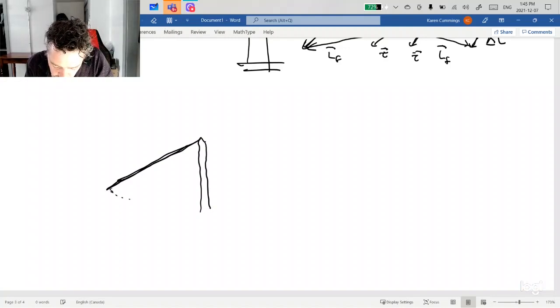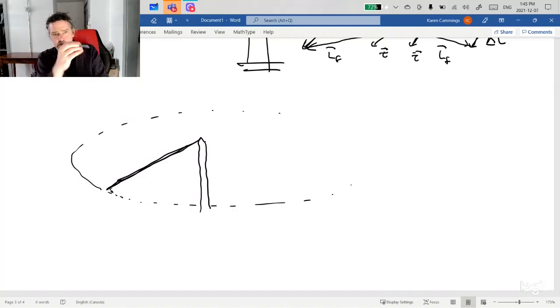If that thing were to precess around, it would precess around this horizontal circle. And your wheel is like this, and there's spokes or whatever. Let's suppose that the wheel is rotating this way.